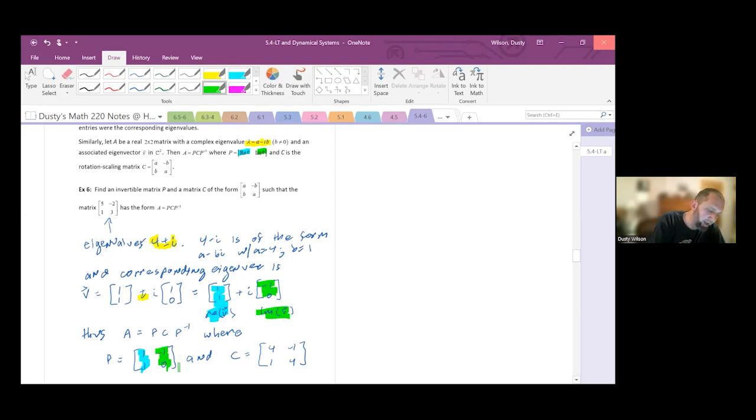And our C matrix was of the form a, -b, b, a. So if you can take the matrix and find the eigenvalues and the eigenvectors, it should be really easy to figure out what your P and your C matrix are.